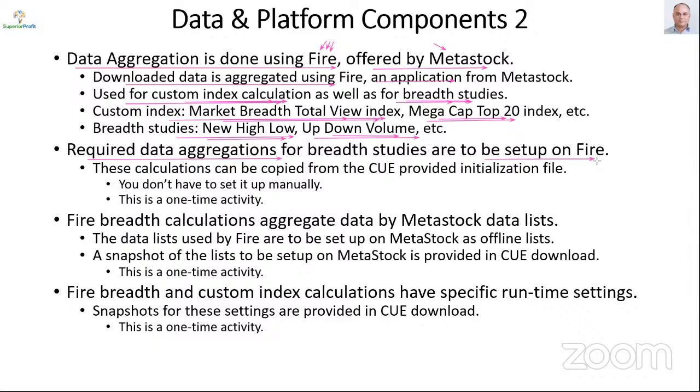It can be set up manually, but manually setting up is a bit difficult. Instead, you may use the initialization file that comes with Q download and put it in a specific folder. You just have to copy the initialization file, put it in a specific folder. That will tell FIRE that only these aggregations are to be carried out. And this is also a one-time activity.